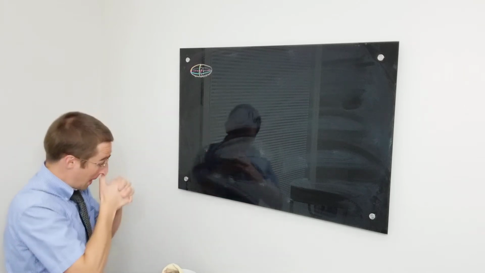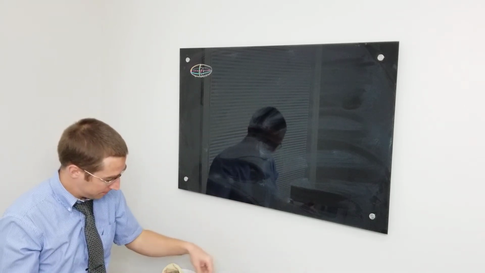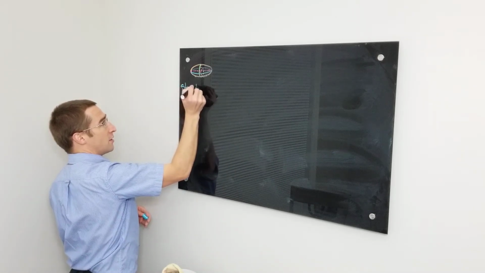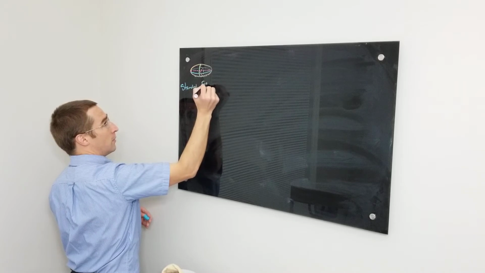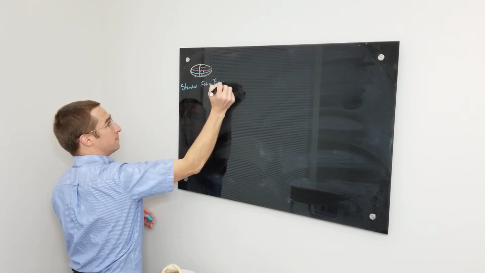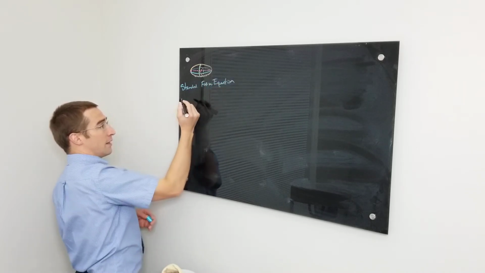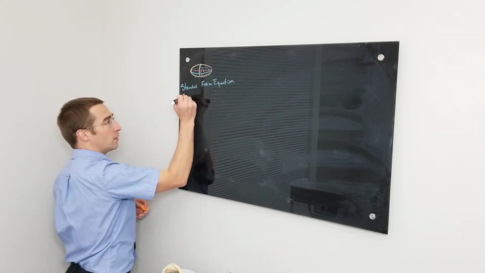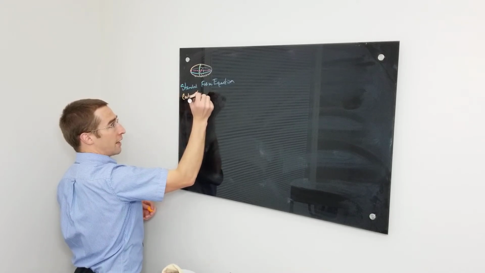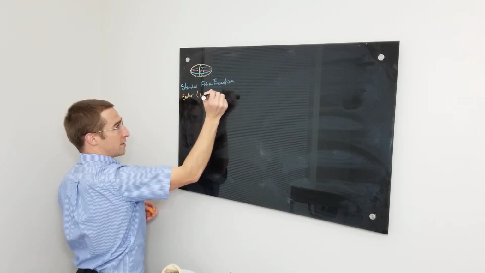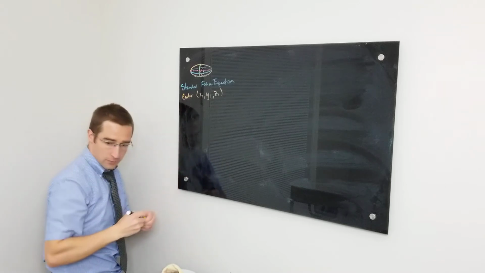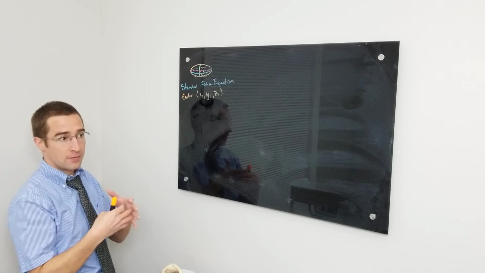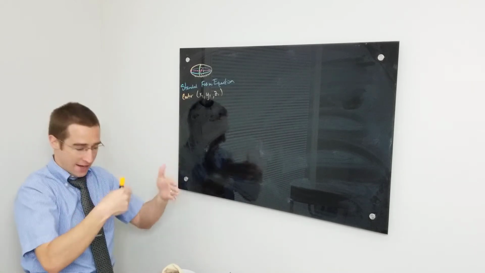So we're going to write the standard form equation. Once again, we've got a center at x sub 1, y sub 1, z sub 1. And then a, b, and c are kind of like the radius or half of that axis length.